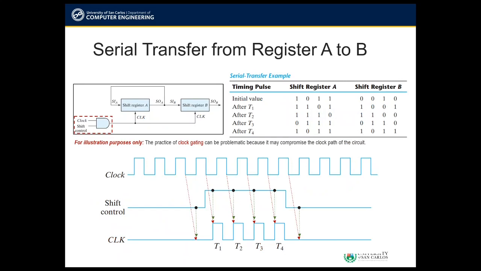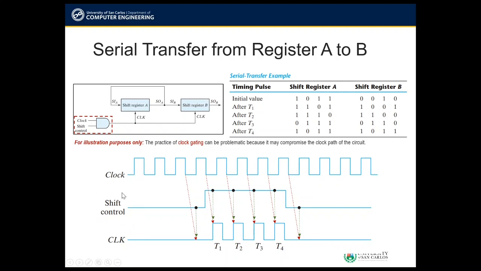Considering the previous configuration wherein we keep clock gating, let's consider this timing diagram. This clock here, showing this train of clock pulses, is referring to the clock input connected to the AND gate.